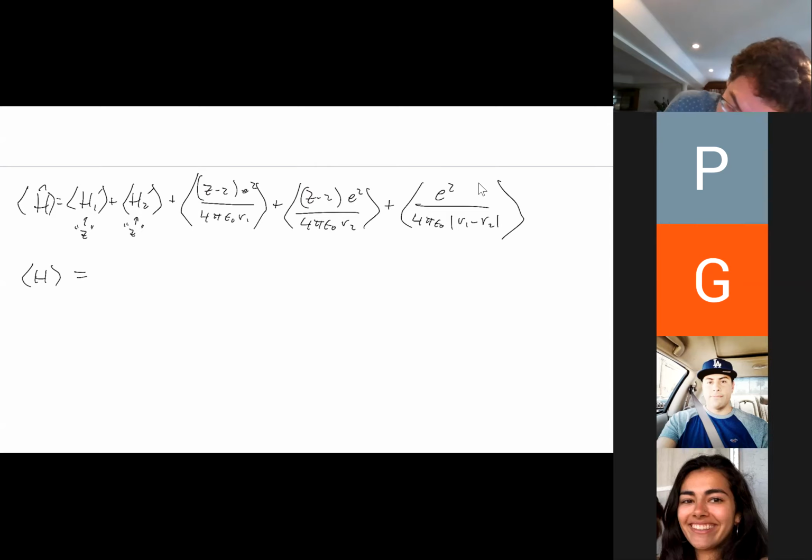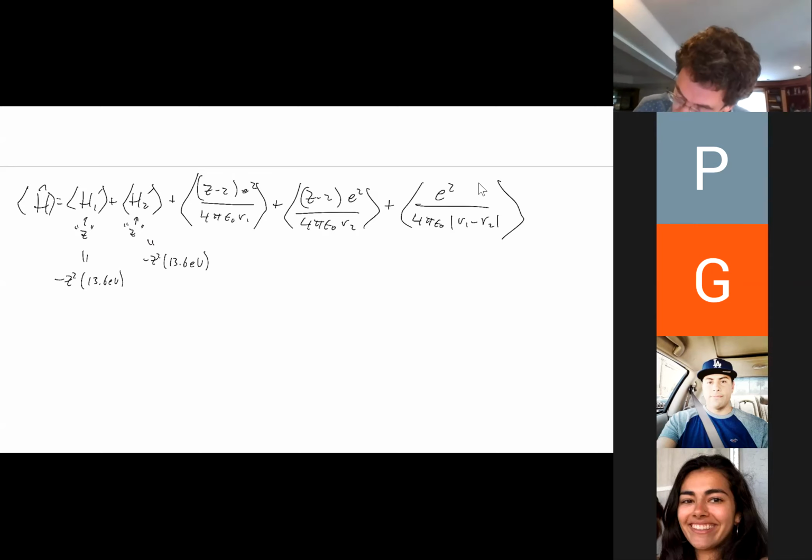And these are simple. They're going to be equal to minus Z squared 13.6 eV, and this one is minus Z squared 13.6 eV.